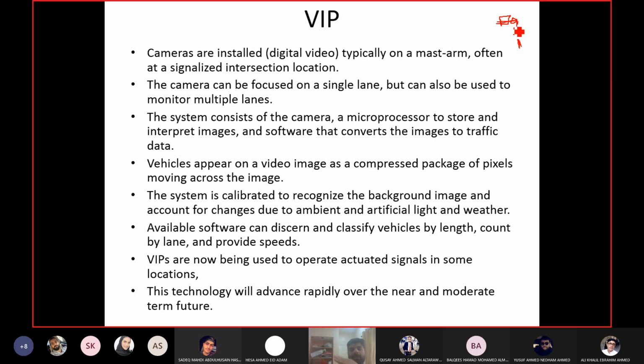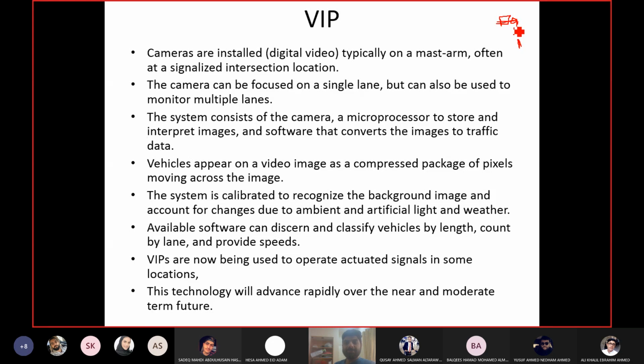If you are putting it on the side, then obviously there can be obstruction on the side of the road, or some vehicle in one lane can block the vehicle in the other lane. So if you don't find such an arrangement on the field where you can put it on the mast arm of a signal, then look for some other place which is overhead. Okay, so we basically prefer the top view over the side view. Okay, we want the top view, not the side view.